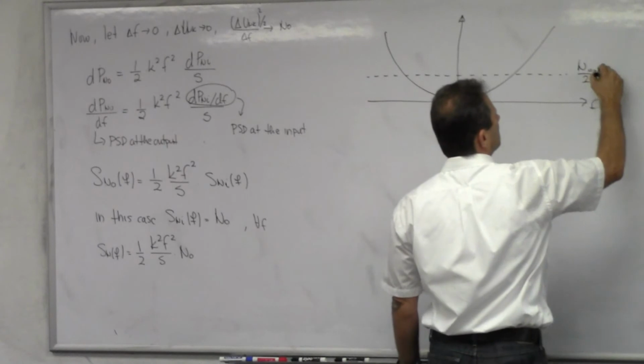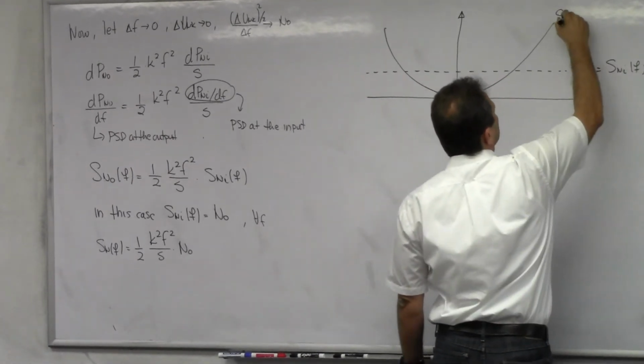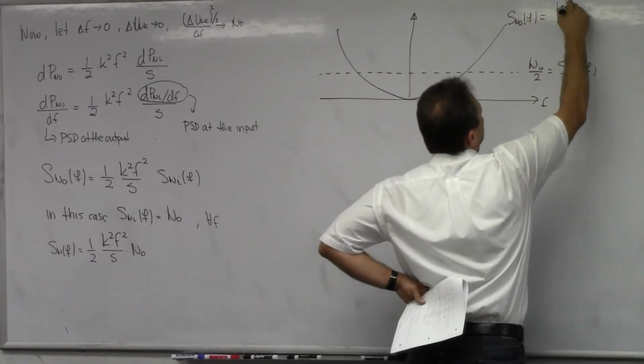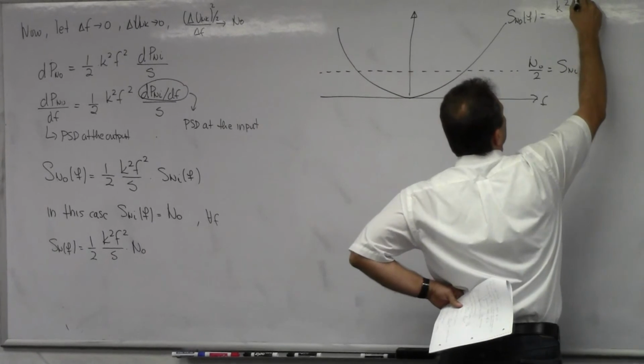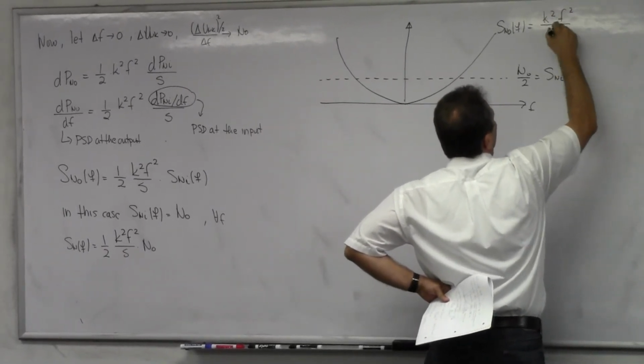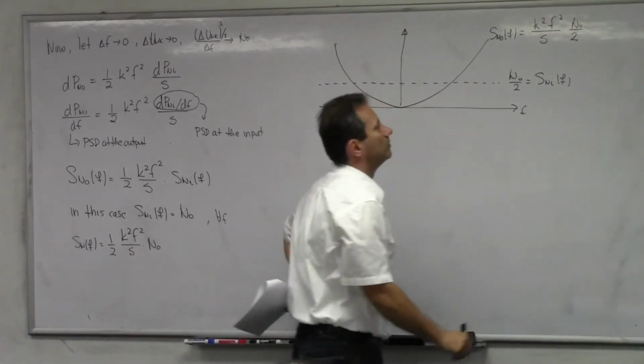So this is equal to Sn input of f. Sn output of f is going to be k squared, that's some constant associated with the demodulator, times f squared over S times N0 over 2.